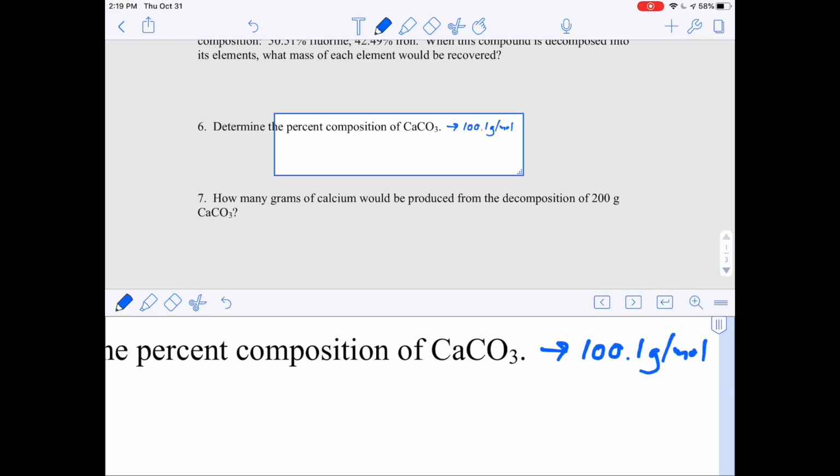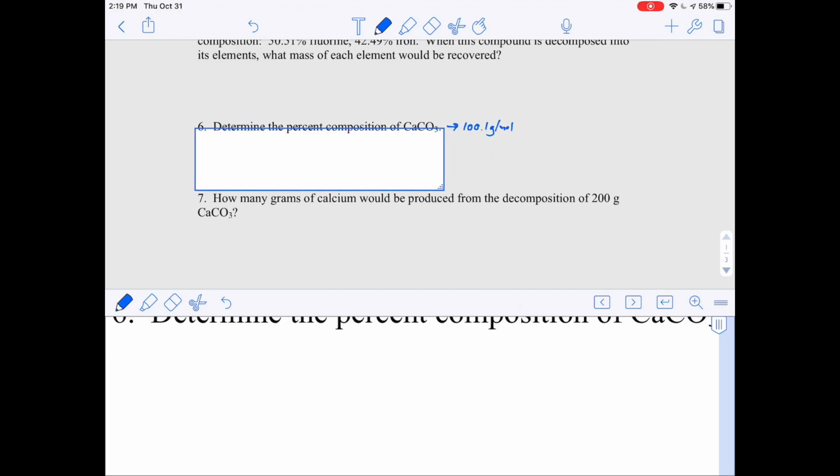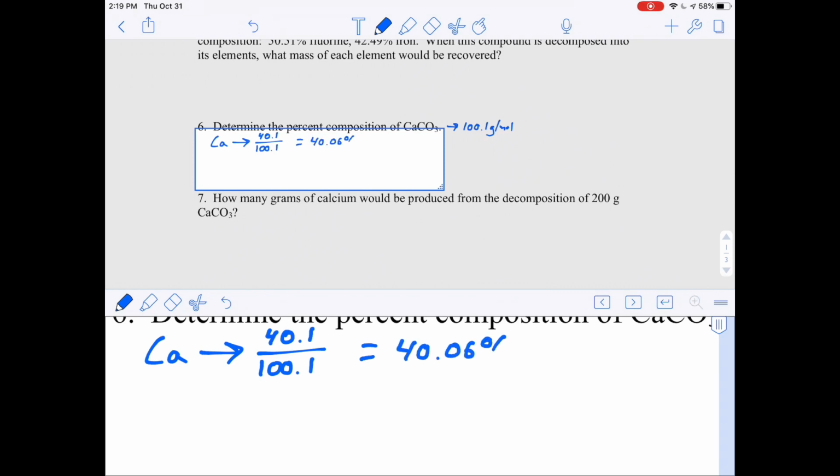That's going to be my denominator. That's my whole. So for calcium, the part is the portion of that molar mass that is calcium. So 40.1 grams divided by 100.1 times 100 is going to equal 40.06% calcium. Do the same thing for the carbon.